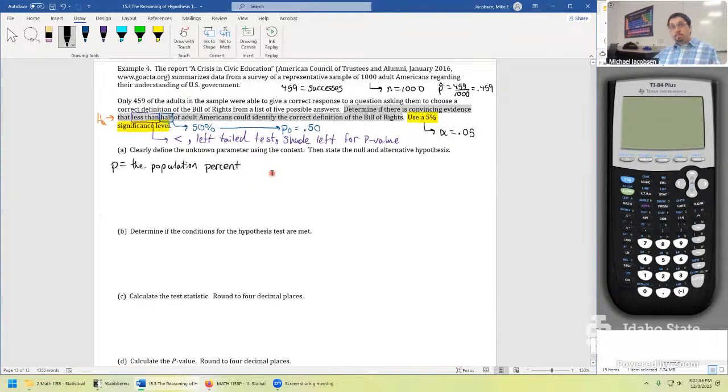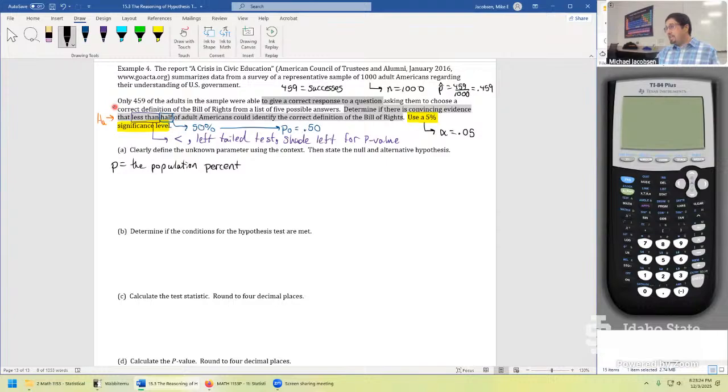And we can mention the successes first, or we can mention the population first. Really kind of up to you. We usually mention the successes first, so let's keep that pattern. A success is a correct response to identifying the correct definition of the Bill of Rights from a list of 5 possible answers. We don't have to write that down verbatim. We can compress this down in the context, make it a little bit more terse.